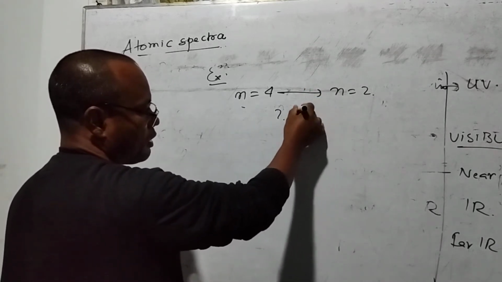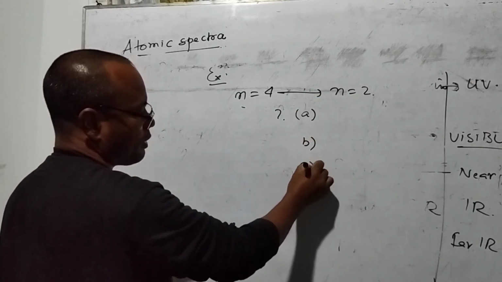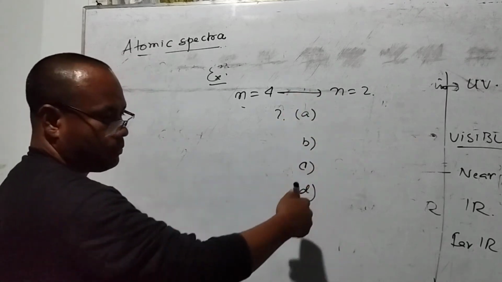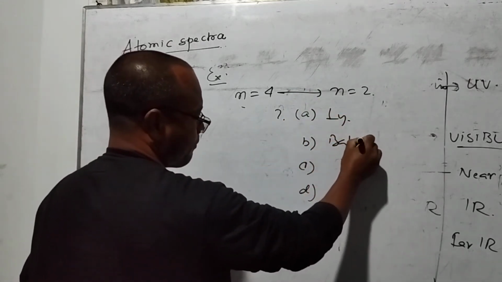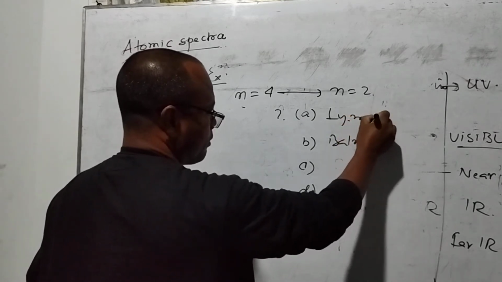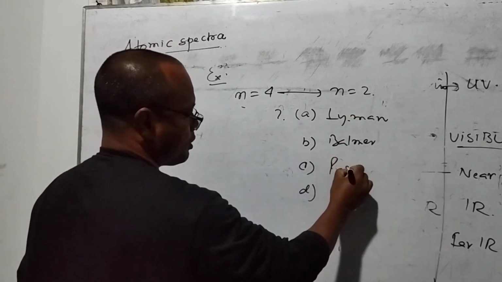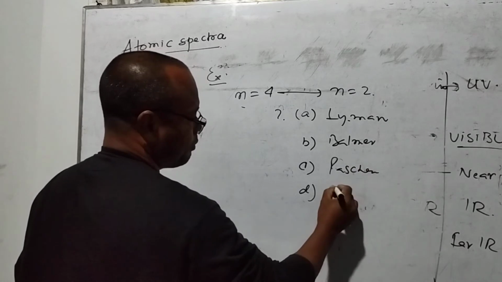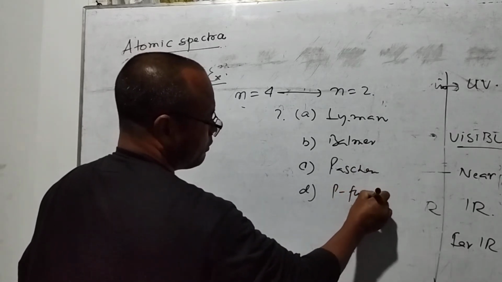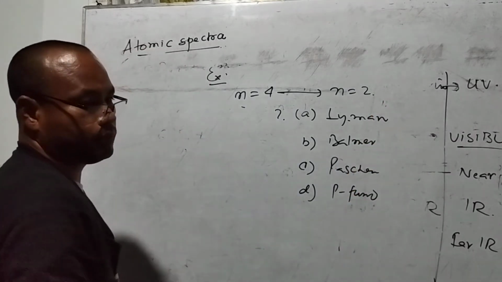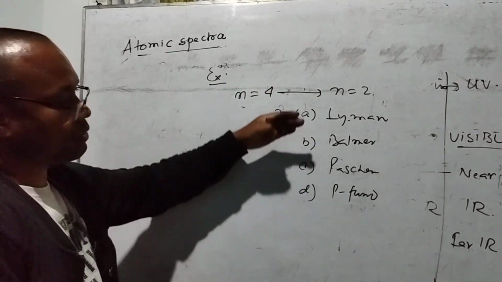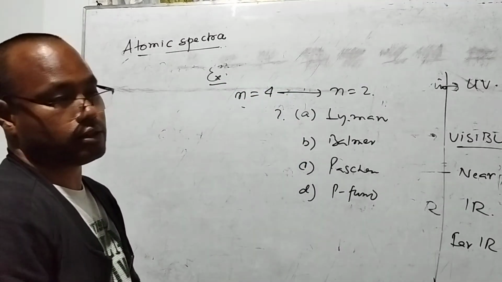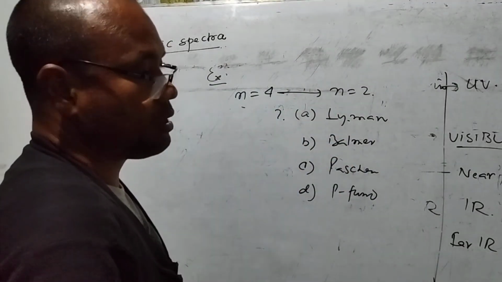They may give you a number of options, like Lyman series, Balmer series, Paschen series or Pfund series, right? By giving these four different series, we have to choose which of the following series this excitation belongs to.